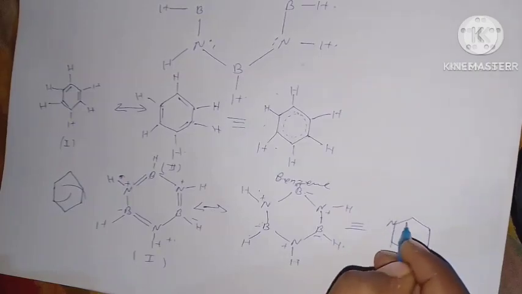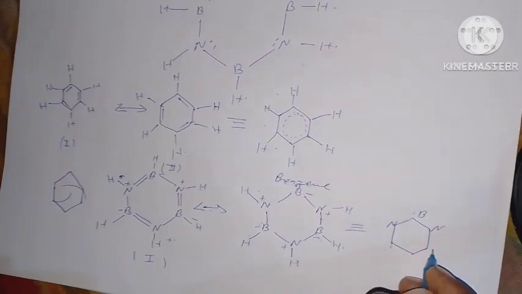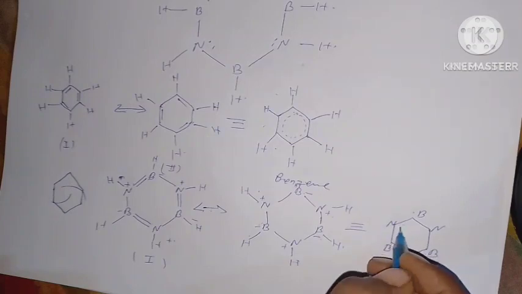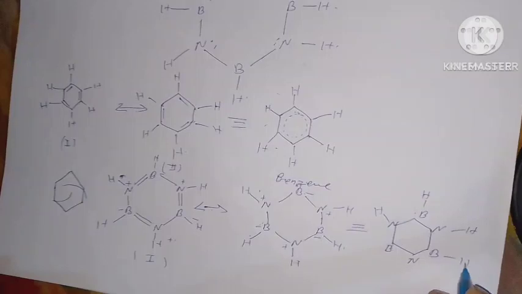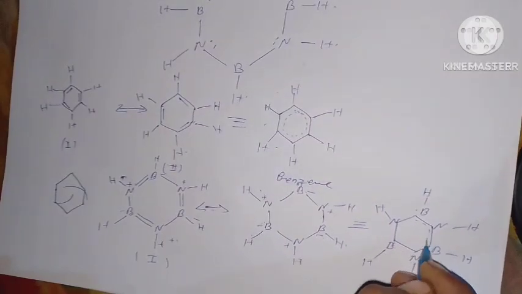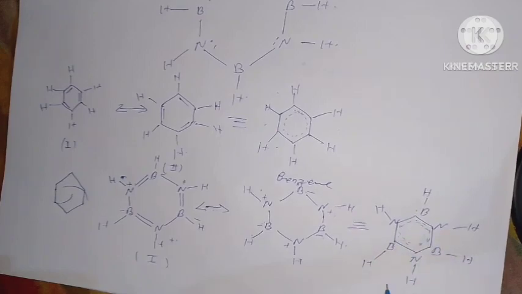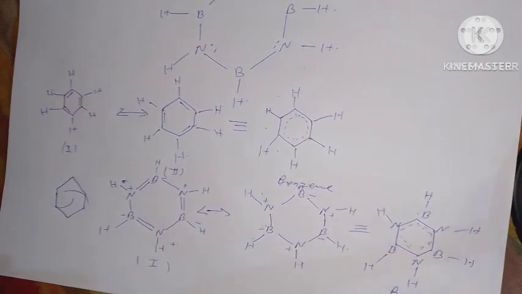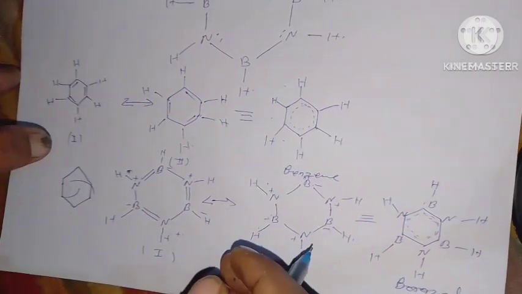This is nitrogen, boron, nitrogen, boron, nitrogen, boron. Hydrogen, hydrogen, hydrogen, hydrogen, hydrogen, hydrogen. Okay? Resonating condition. Okay? This is borazole. This is the resonating structure of benzene and borazole.